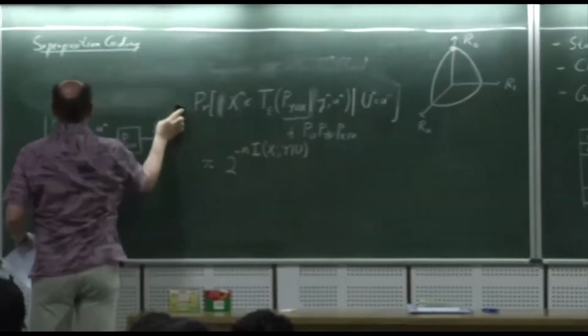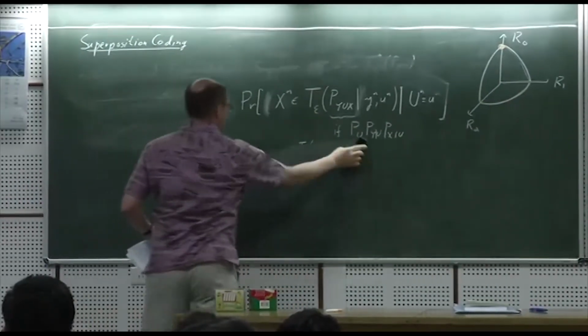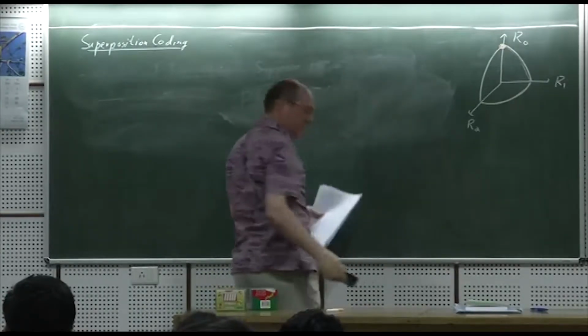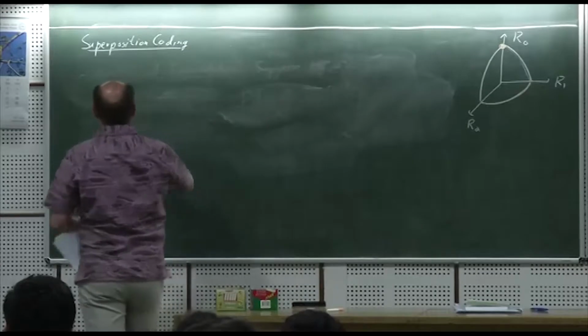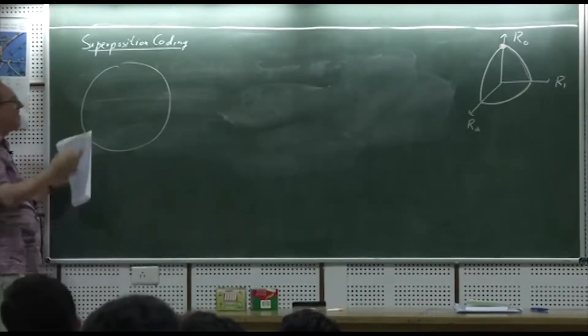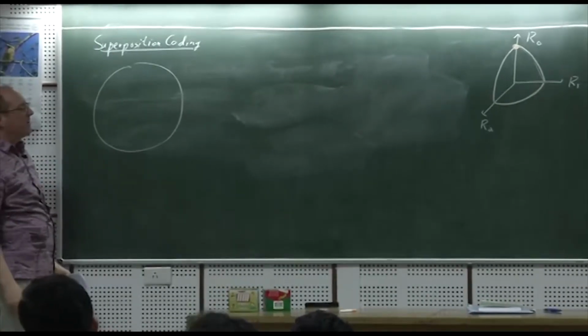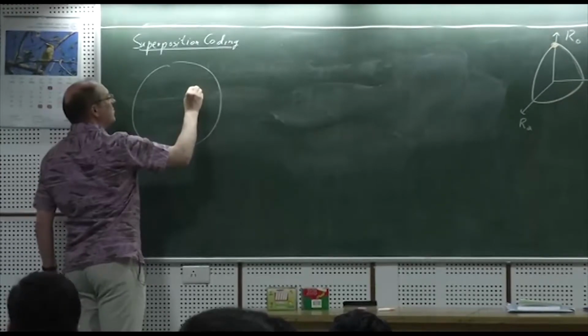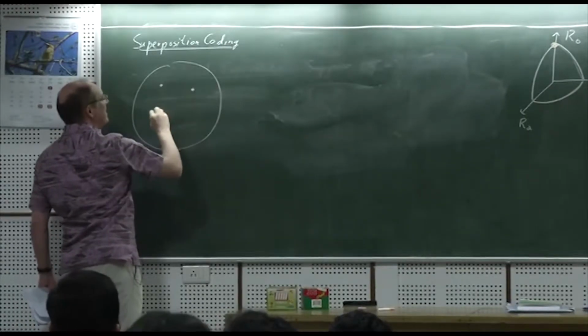And he had a nice picture in his paper from 1972. So I'll redraw this, not exactly, but similar. One way of thinking of this intuitively: if this is the space of all code words you're sending, the U's represent cloud centers.